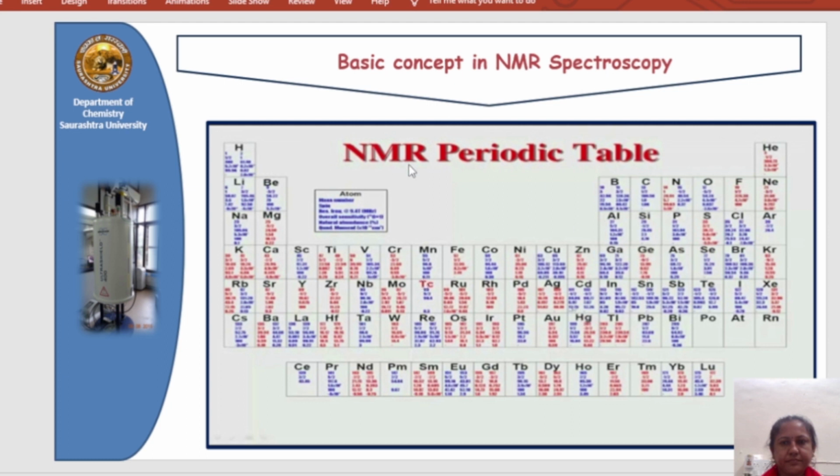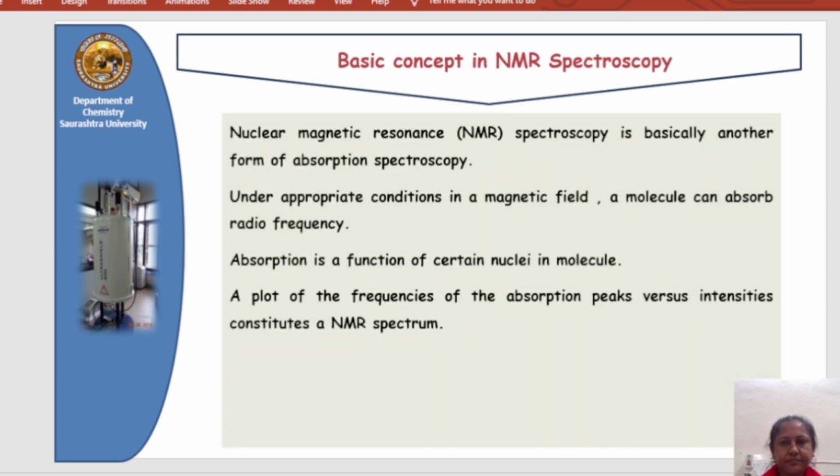And from that we find out some non-spin-zero molecules and atoms, sorry, and that atom is responsible to give the spectrum. So it may be an atom or it may be their isotope which is NMR active. So from these last two slides we can say which type of molecule can give the NMR spectrum and which type of molecules cannot give the NMR spectrum.